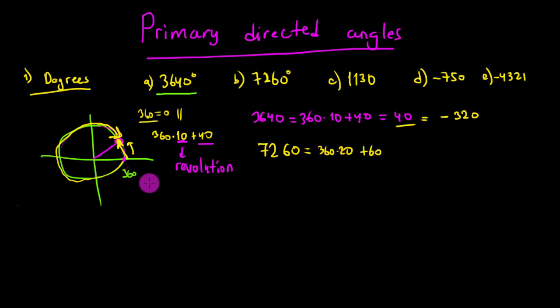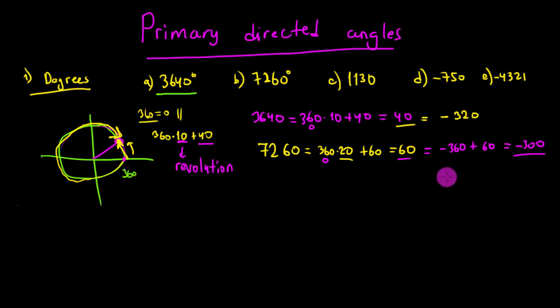This one also makes 20 revolutions, and you are left with only 60 degrees, because we know that 360 is 0. 0 times 20, 0 times 10, is just 0, and it doesn't make any change. And the same here, 60. You could write this one as minus 360 plus 60, which is minus 300. Okay, so they're all the same.